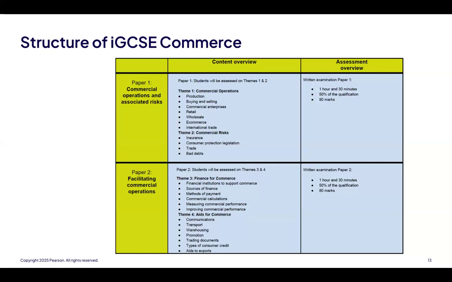So we have finance for commerce, financial institutions, sources of finance, methods of payment, commercial calculations, measuring commercial performance, and so on, before we get into aids for commerce, communication, transport, warehousing, promotion, trading documents, types of consumer credit, aids to exports. So it's a snapshot of the content. As I say, lots more information contained within that specification, actually.